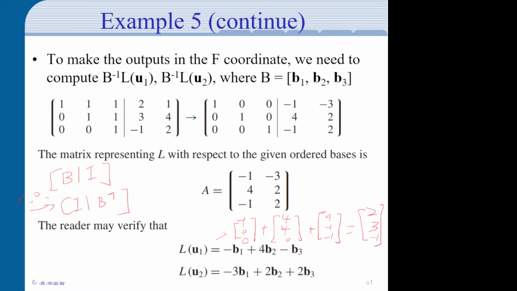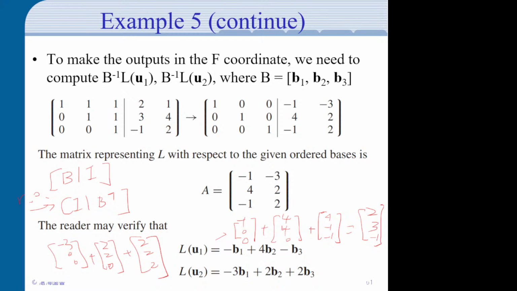And the minus 3, 2, 2 times our thing. So that's minus 3, 0, 0 plus 2, 2, 0 and plus 2, 2, 2, and so minus 3 plus 2 plus 2 equals 1, and 0 plus 2 plus 2 equals 4, and 0 plus 0 plus 2 equals 2.